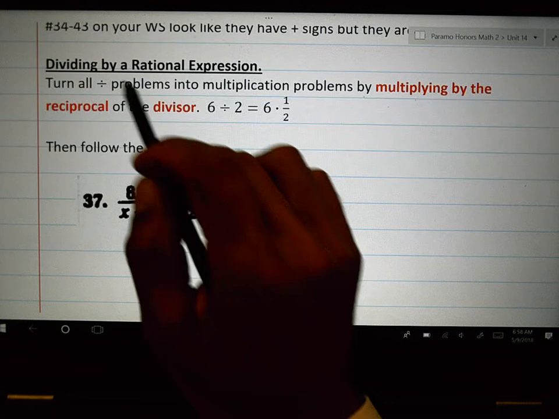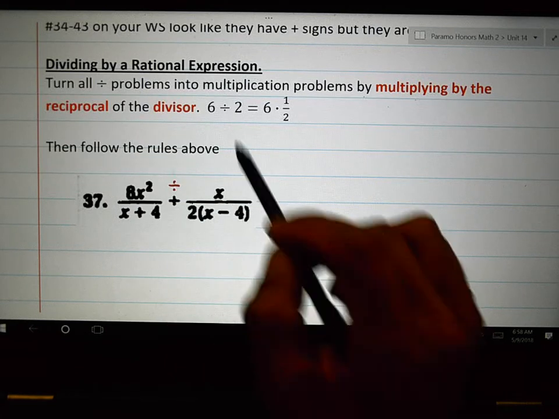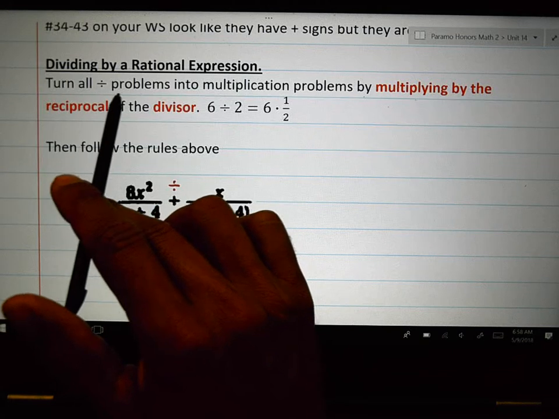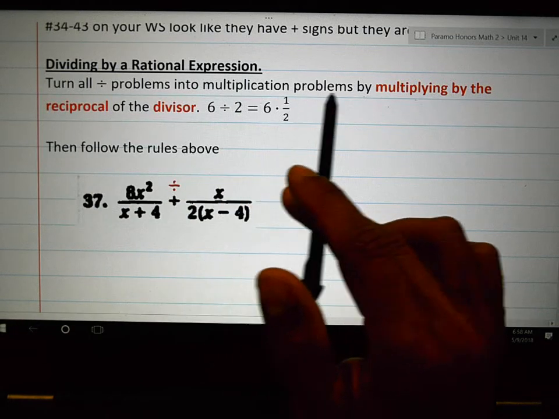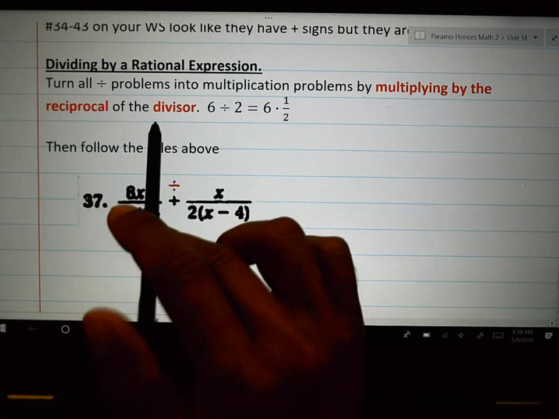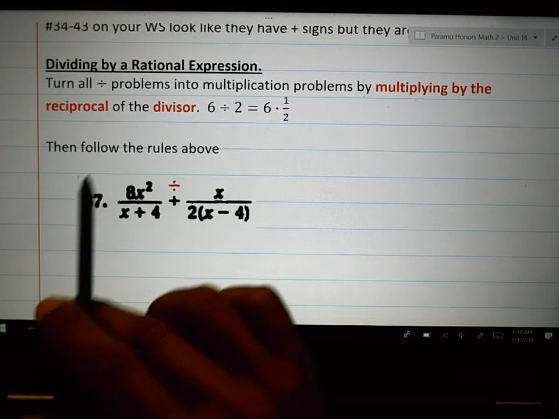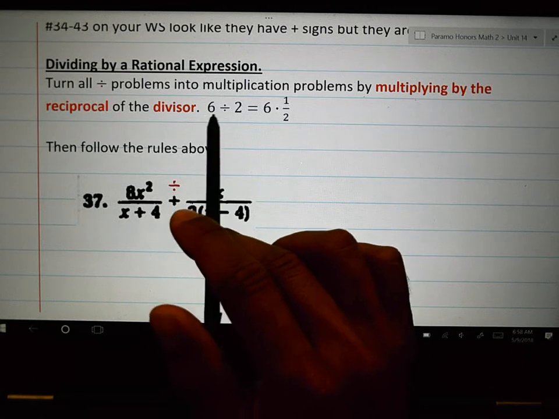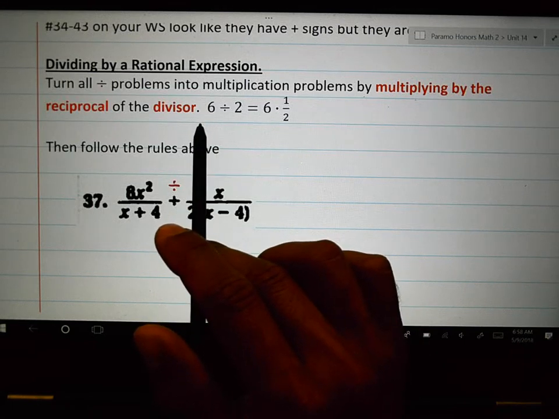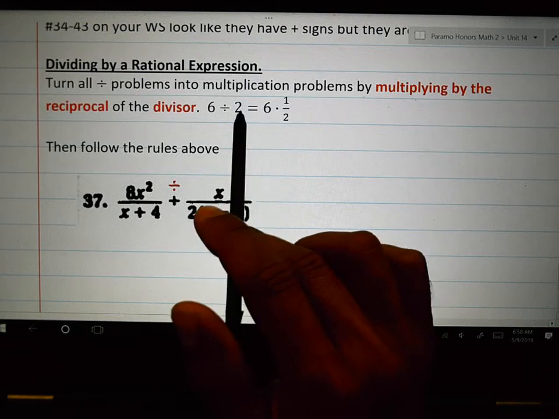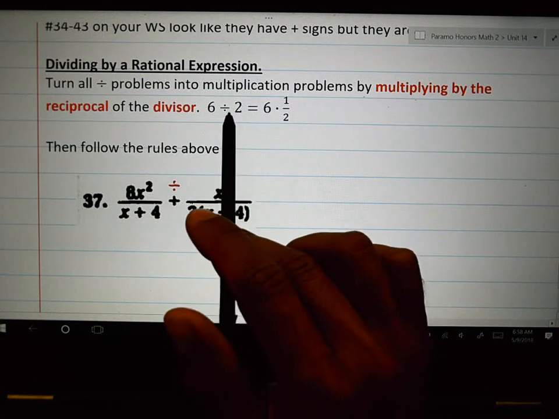So if I'm dividing by a fraction or a rational expression, turn all division problems into multiplication problems by multiplying by the reciprocal of the divisor. What does that mean? That means if you're dividing by 2, 6 divided by 2, I don't touch 6, but what I do is I can change the division sign to multiply by the reciprocal of whatever the divisor is.